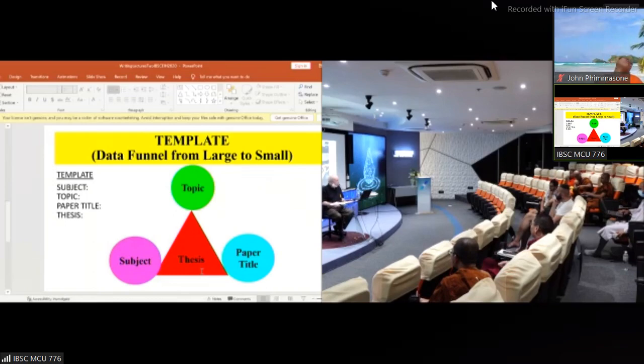Subject, Asian philosophy. Topic might be the title of a chapter, like Theravada Buddhism. Paper title might be a bold type heading from that chapter, like The Way to Nirvana. And the thesis would be your own making, your own sentence.